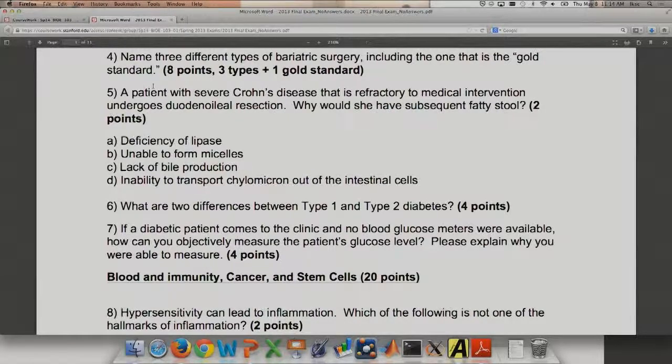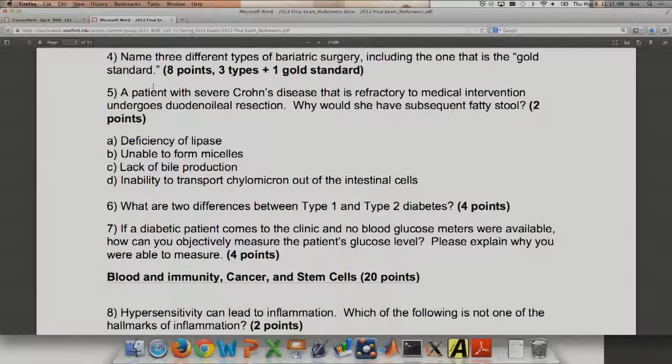Yep. Because what organ does lipase come from? Sorry, did you say B or D? I didn't hear it. B. Yeah, B is the answer, not D. So deficiency of lipase is wrong because lipase is produced by the pancreas and we didn't do anything to it. So lipase is being produced. Bile is being produced by what? Liver. So that's fine. And then we've got inability to transport chylomicrons out of the intestinal cells.